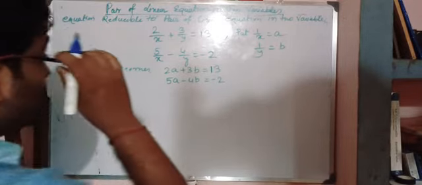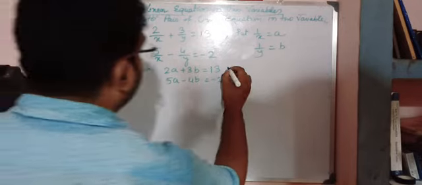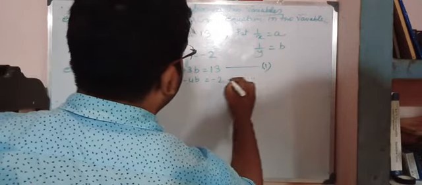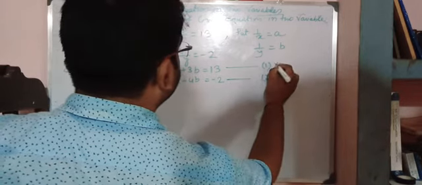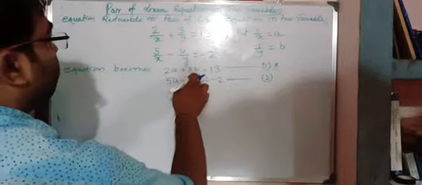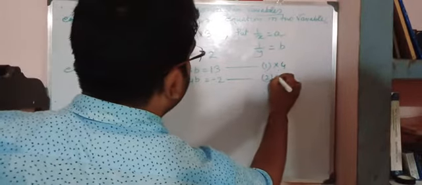Now we have to solve it. We apply the easy method, that is the elimination method. This is equation number 1, equation number 2. We have to eliminate b here. First multiply equation 1 by 4 and equation 2 by 3.